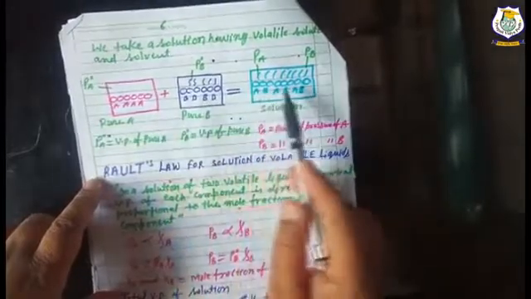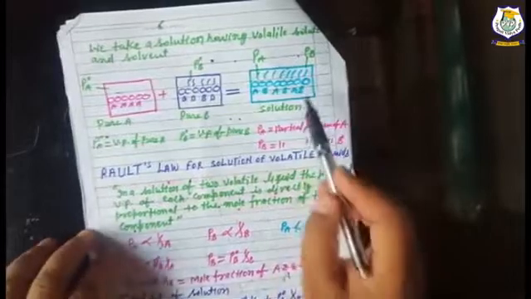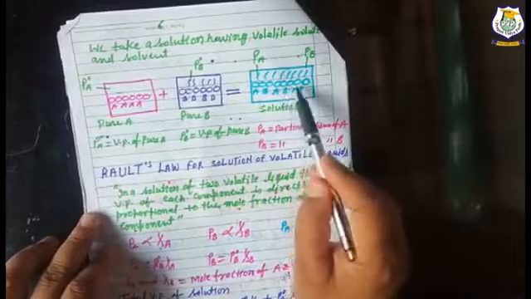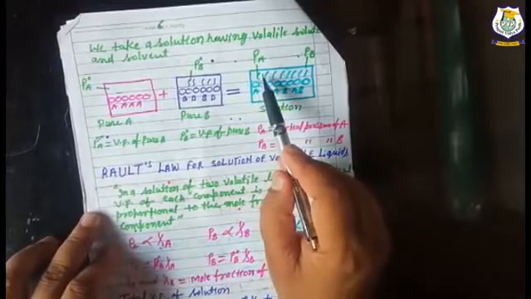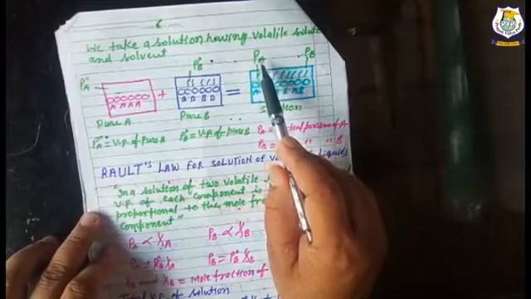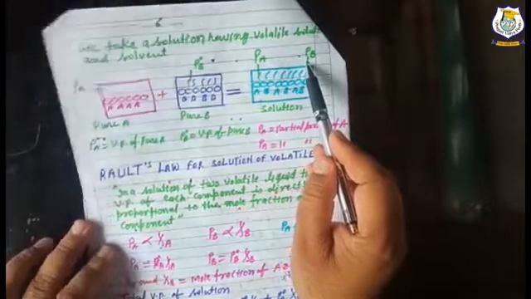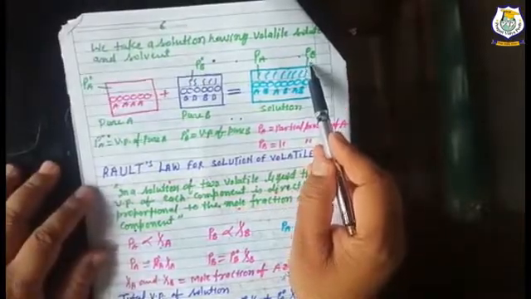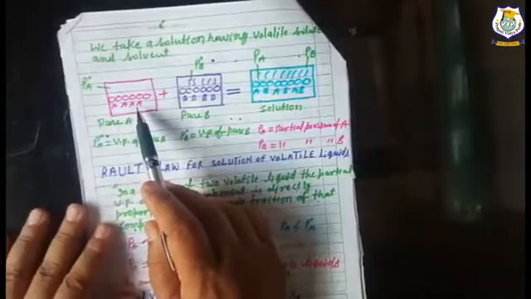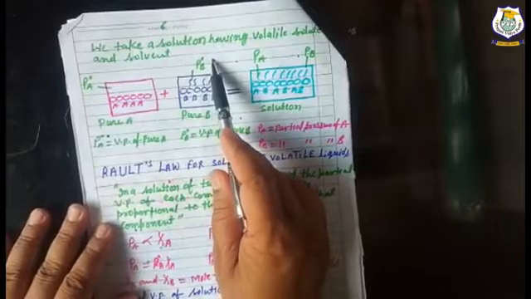After the mixing of these two components, a solution is prepared. In this solution, the partial vapor pressure of component A is denoted by PA and the partial vapor pressure of component B by PB. In the pure state, the vapor pressure of A is denoted by P naught A and the vapor pressure of B by P naught B.